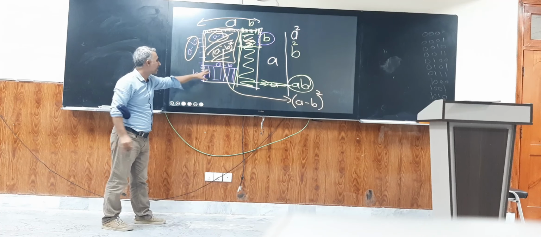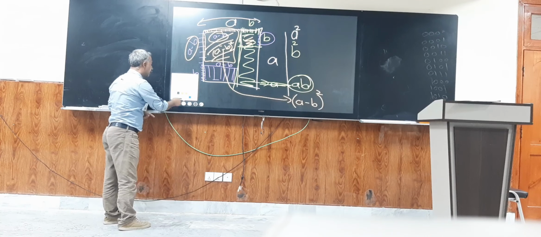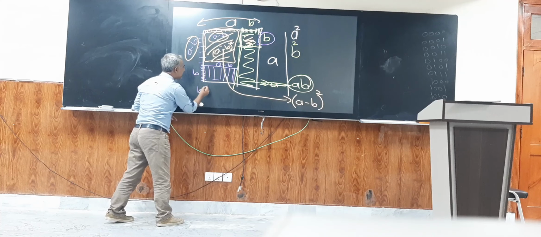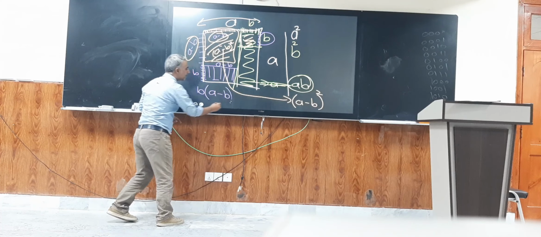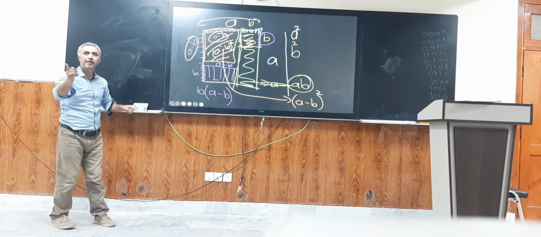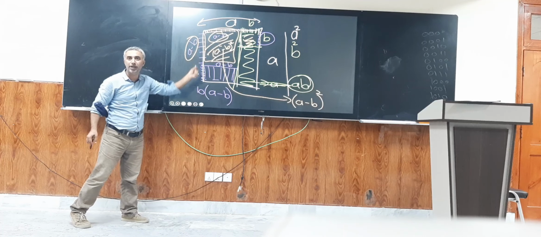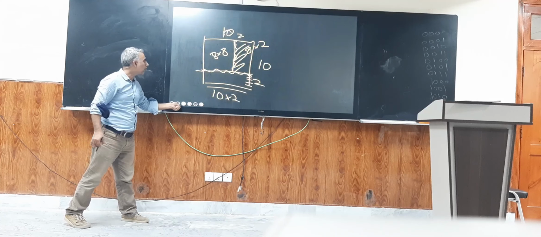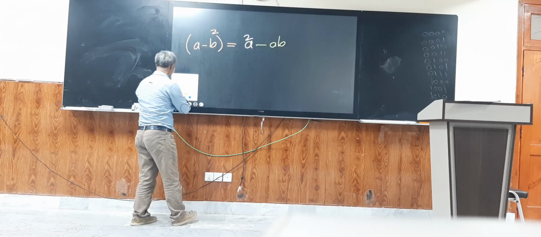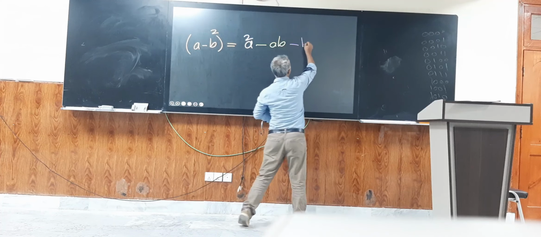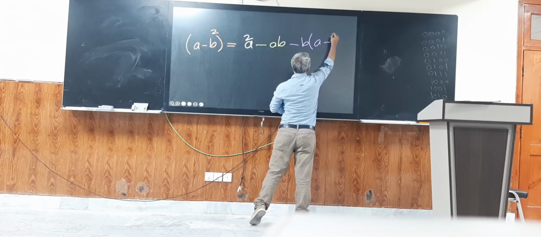Now here, this part, this purple part, B into (A minus B). So we will also subtract away from this big A white color part, this big box, minus B into (A minus B).